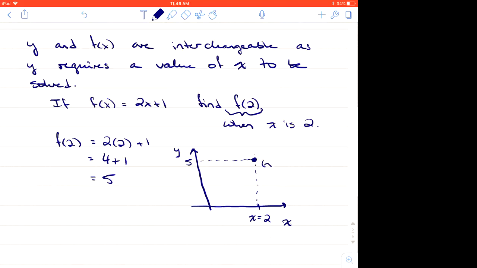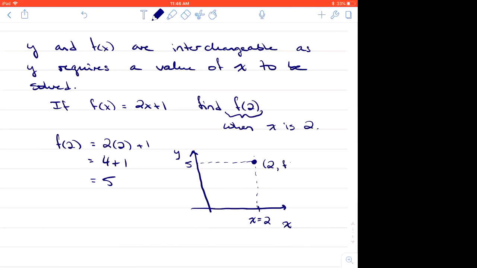This point is at x equals 2, and the y value technically is going to be f of 2, the function evaluated at 2. Then we've got our straight line. Here I'll make a note: f of 2 is 5.